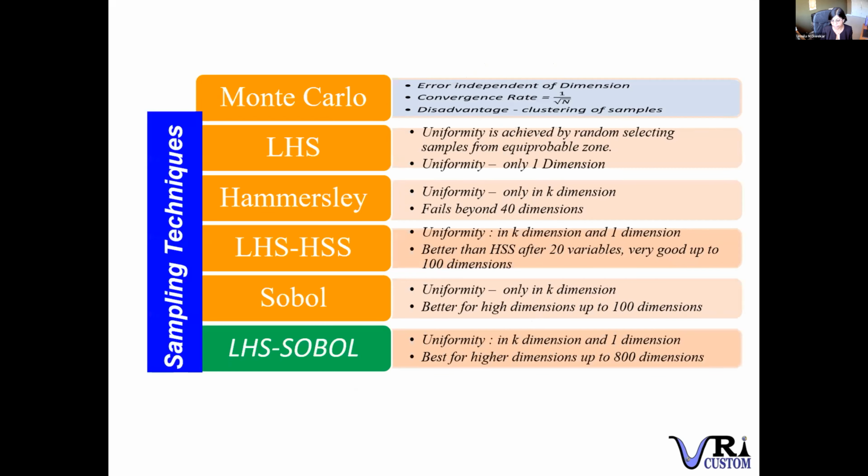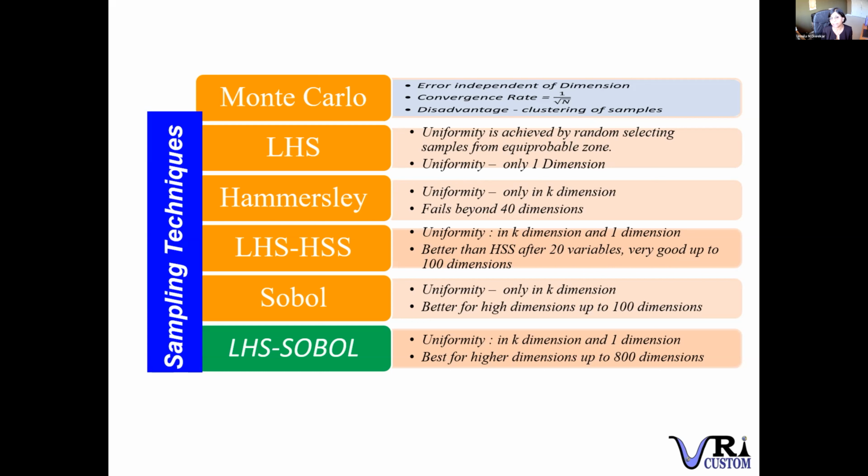So what BONUS does is use efficient sampling techniques. In my group, we developed a lot of sampling techniques: Monte Carlo, Latin hypercube, Hammersley, LHS, HSS, Sobol, and LHS Sobol. Depending on how many uncertain variables you have, you can choose the sampling technique.